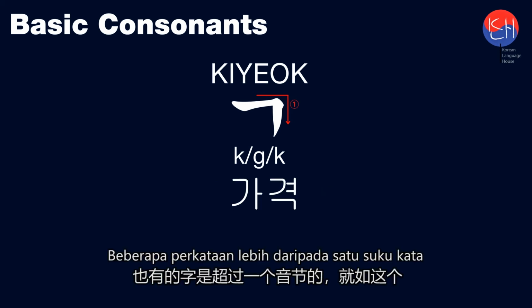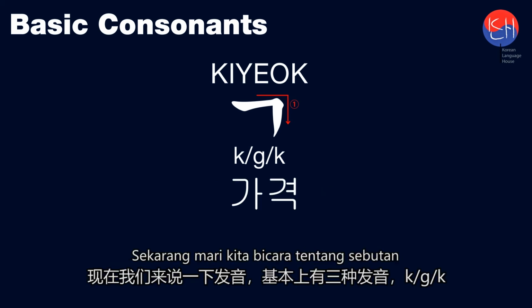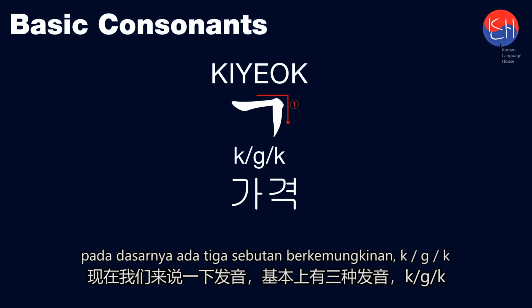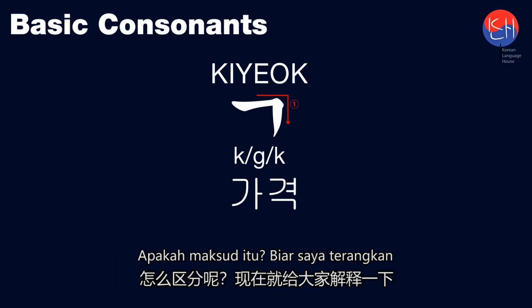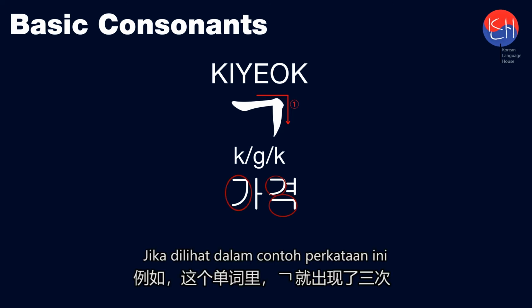Now, what if there are more than one syllable in a word? Let's go back to the pronunciation of 기역. There are 3 possibilities. K, G, K. What does that mean? Let me explain. You see, in this word, 기역 appeared 3 times.